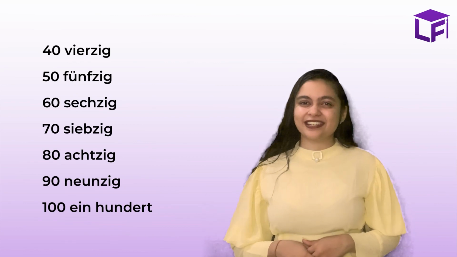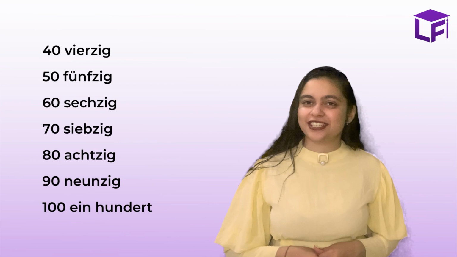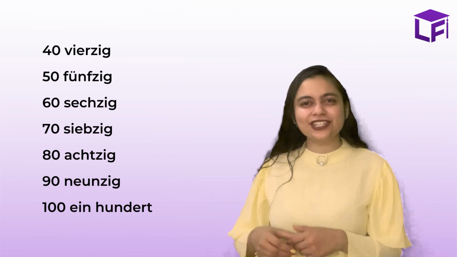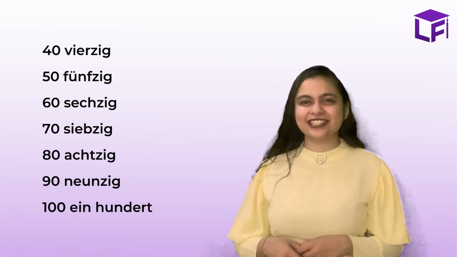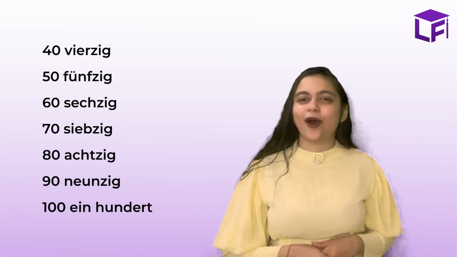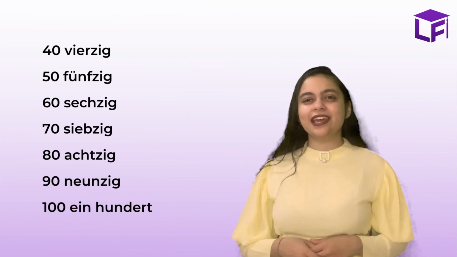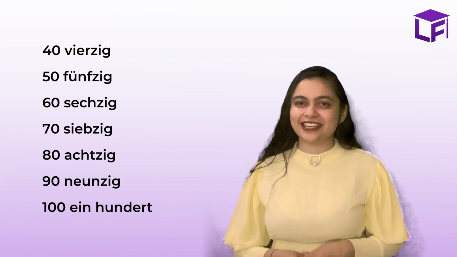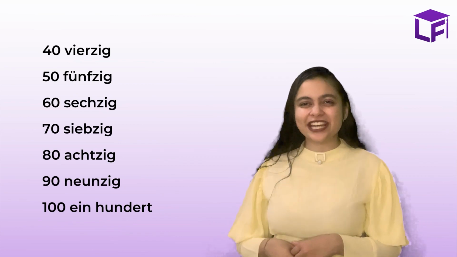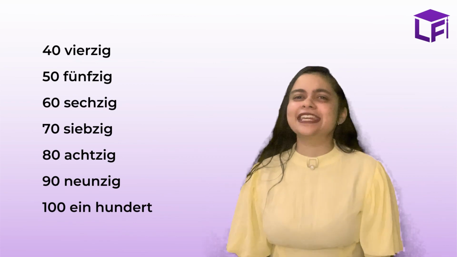Very good. 80 in German will be said and written as 80. Great. Let's now learn how to say 90 in German. So 90 is pronounced as 90. That's great.